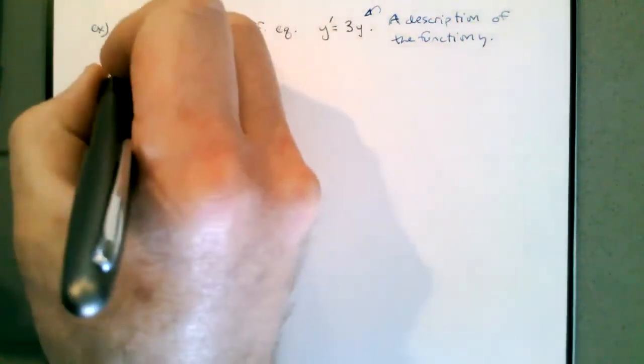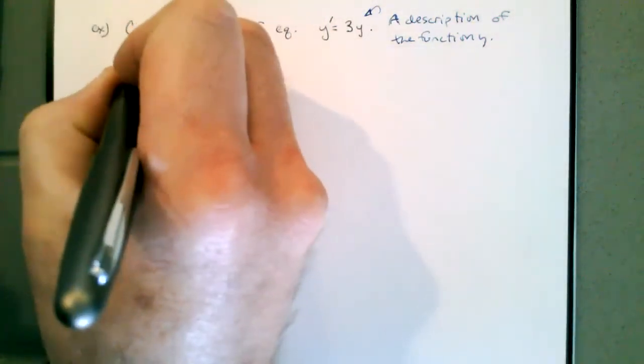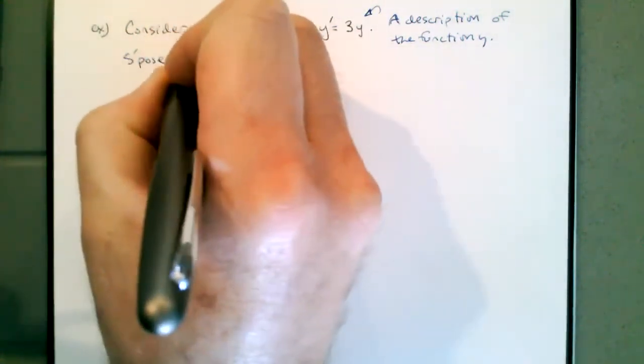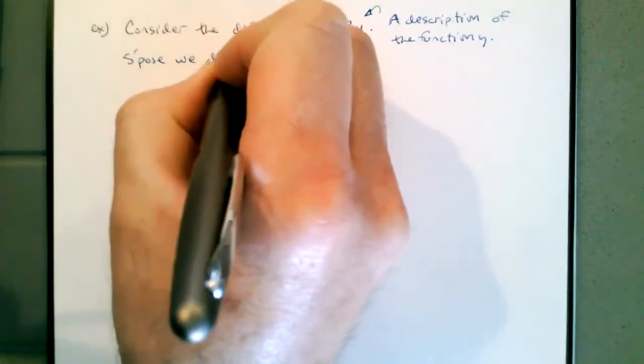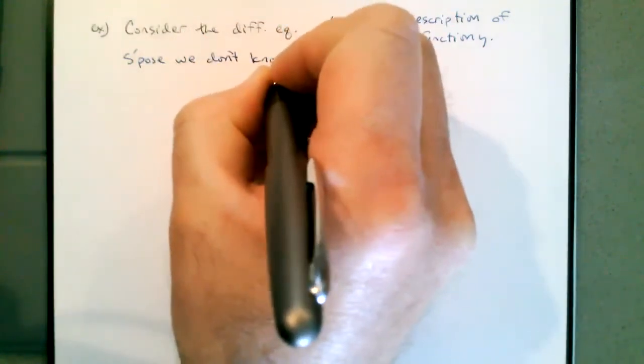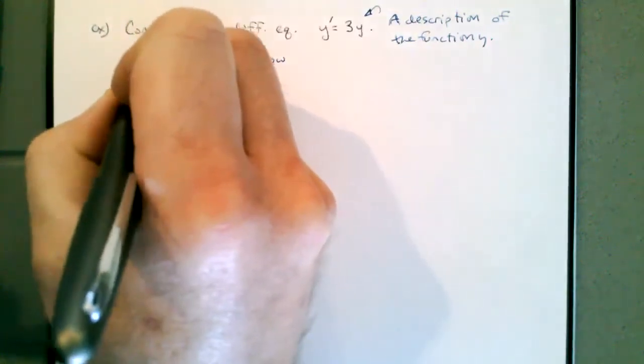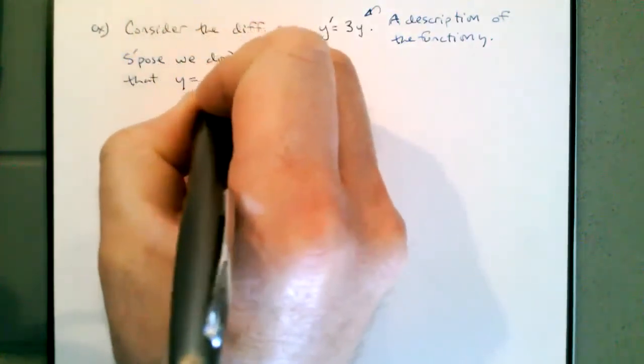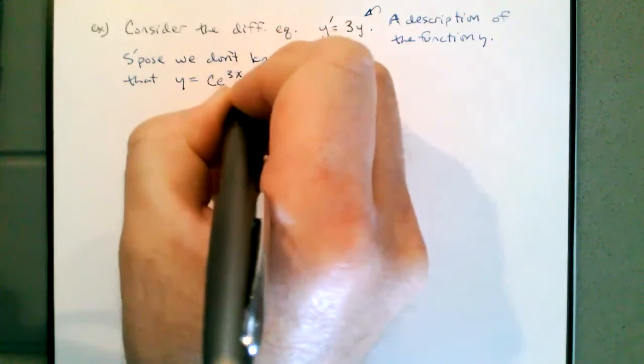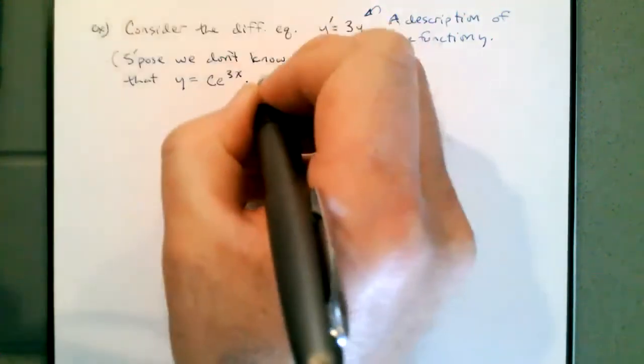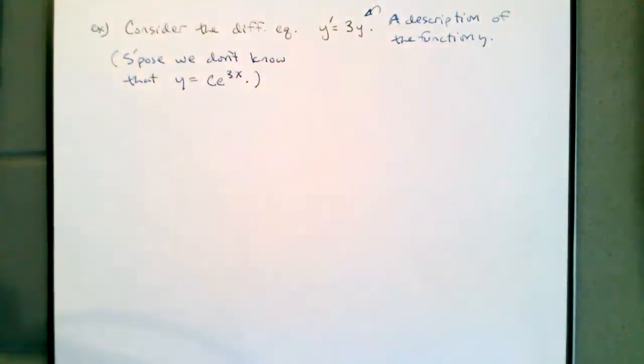Let's suppose we don't know the solution. We're going to suppose that we don't know that the solution is y equals some constant c times e to the 3x.